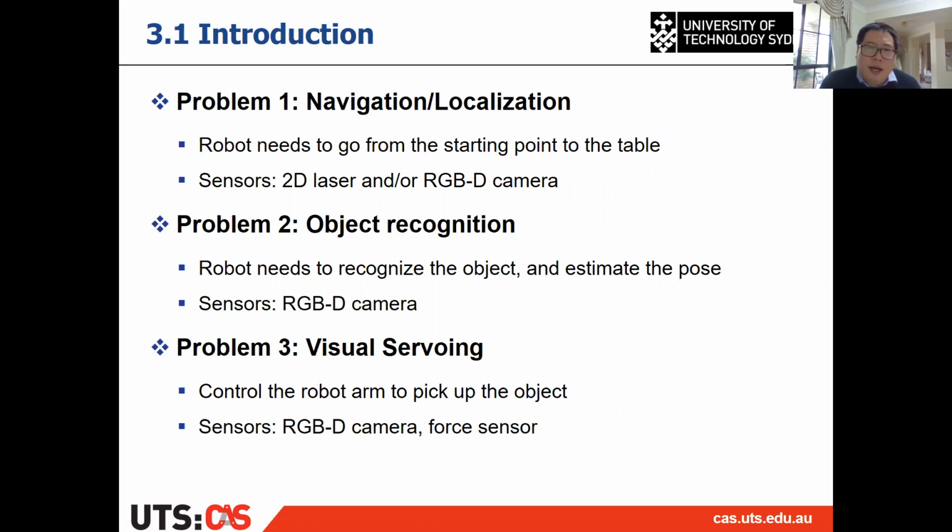The first one is navigation or localization, which means the robot needs to go from an arbitrary starting point to the table, right? So you need to give the robot the ability to navigate or localize itself in the environment, and then it can navigate from the starting point to the table.